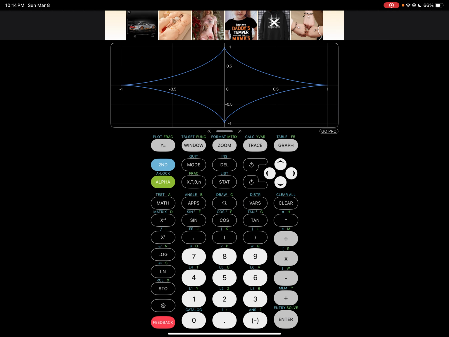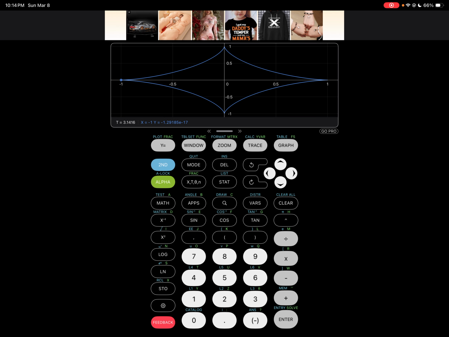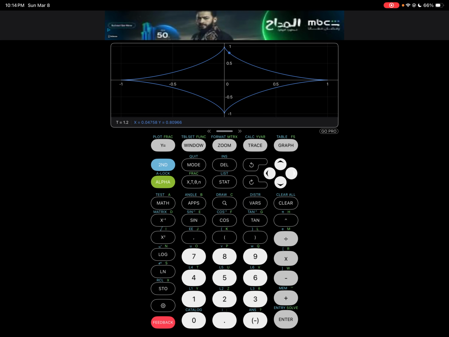In addition, you'll notice that whenever we find the bounds in terms of t, and I trace this and go to 0, it starts at (1, 0), and then as I move to the right very slowly, I'll eventually hit (0, 1).